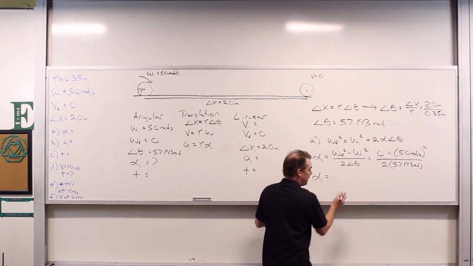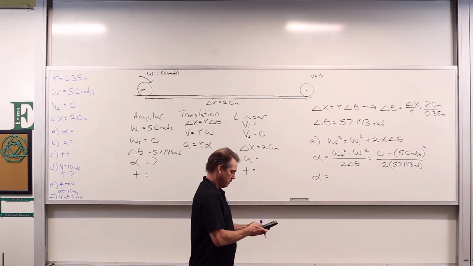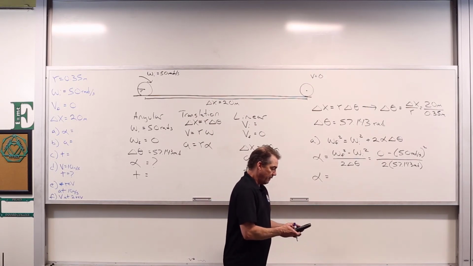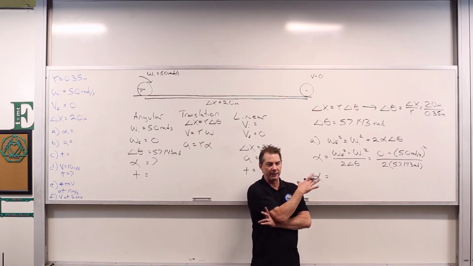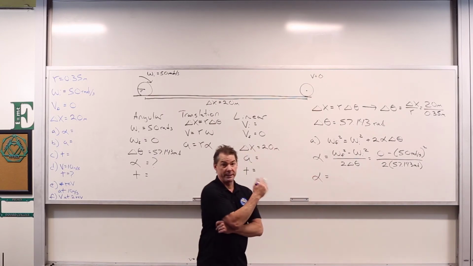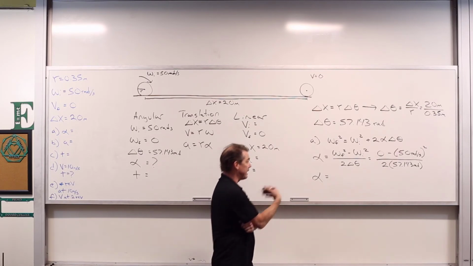What do we get? We get ourselves an alpha. We should think about whether that should be positive or negative before calculating anything. The object's slowing down, right? We're treating all the other quantities as positive, angular displacements and angular velocities.